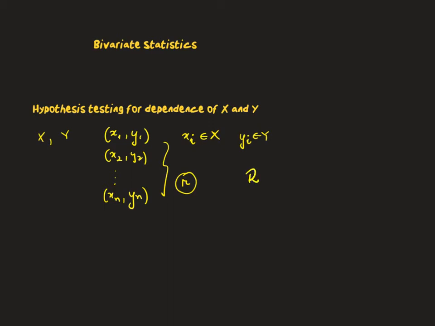Let R be the random variable of the sample product moment correlation coefficients. It has been noticed that if x and y have a bivariate normal distribution such that the product moment correlation coefficient is 0, then the sampling distribution of R times the square root of (n minus 2) over (1 minus R squared) is a t distribution with n minus 2 degrees of freedom.